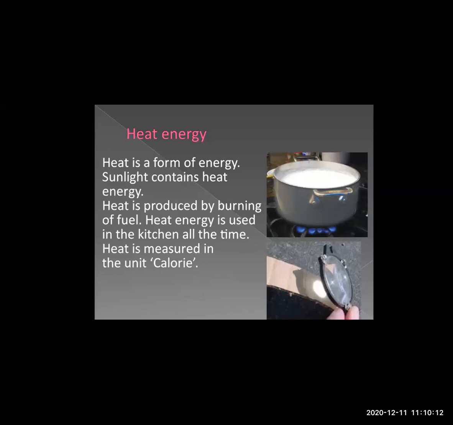That means that the sunlight also consists of heat energy. So heat energy is produced in sunlight as well as in our kitchen. Okay, so these are the examples of heat energy.